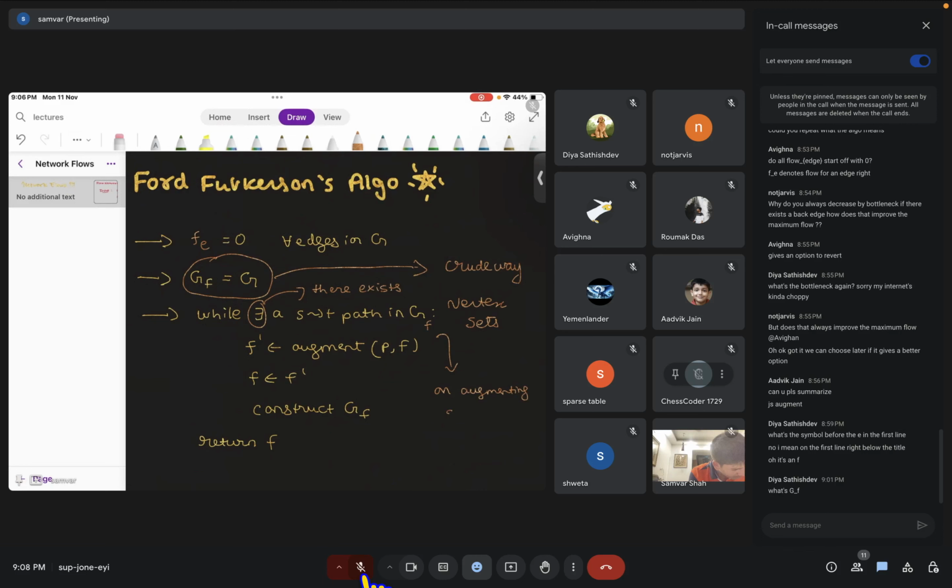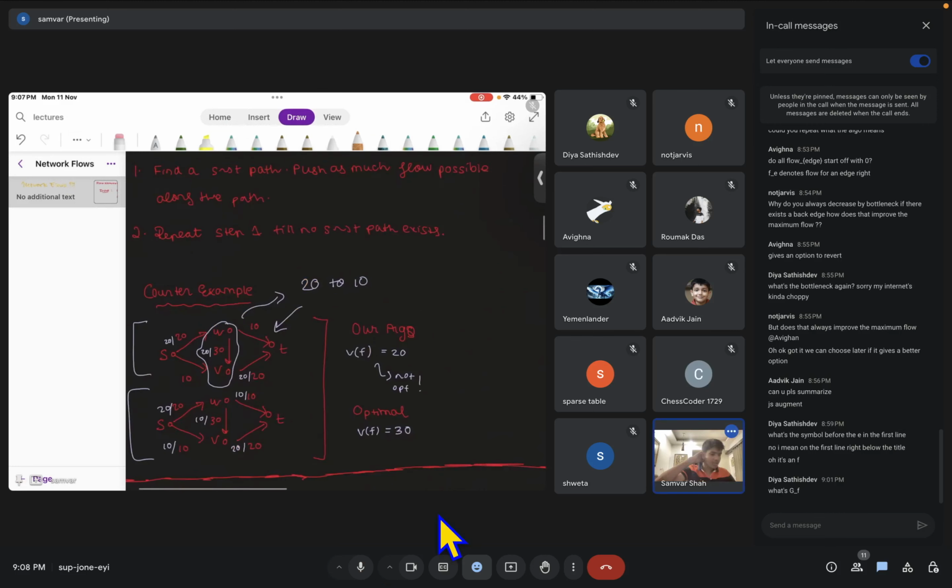Sorry about that. I got a bit confused myself. But yeah, I think Avigna explained it very nicely with this example. Did everyone understand it? Okay, cool.